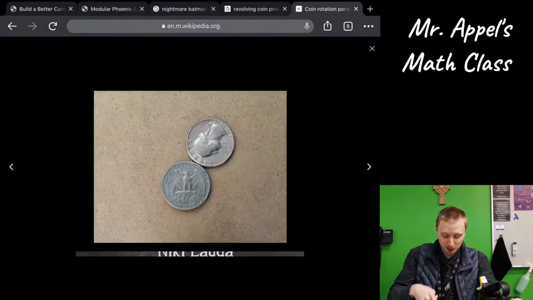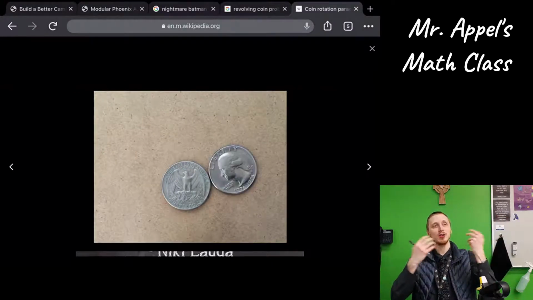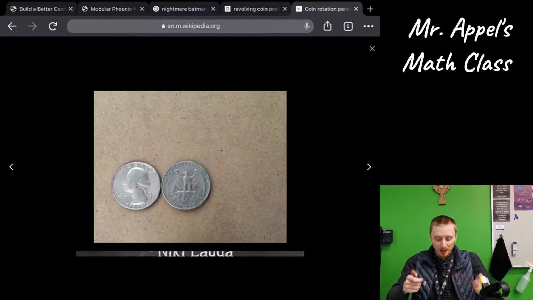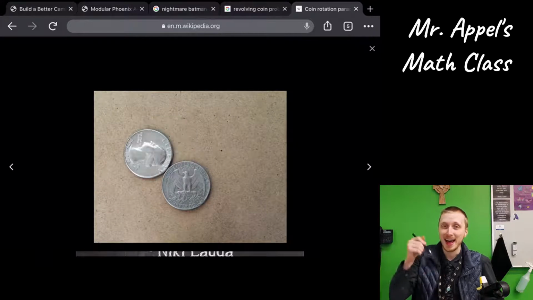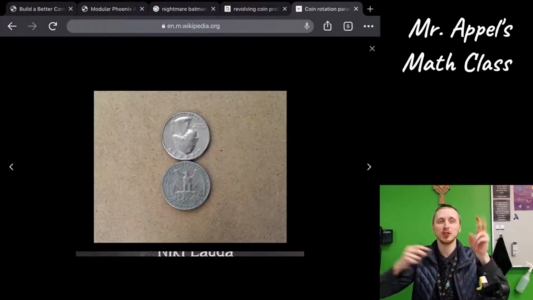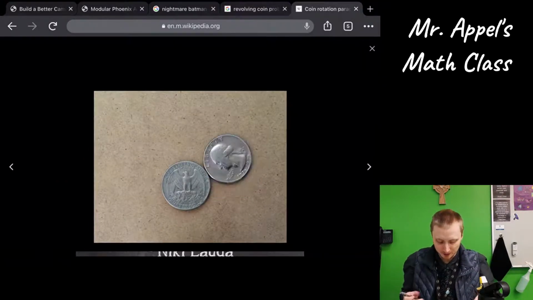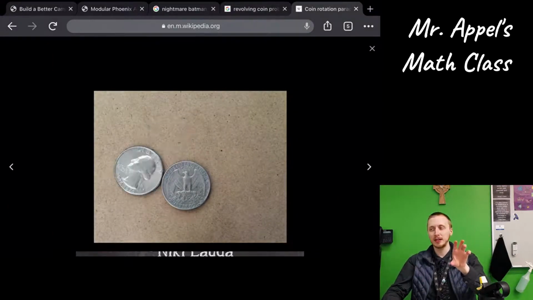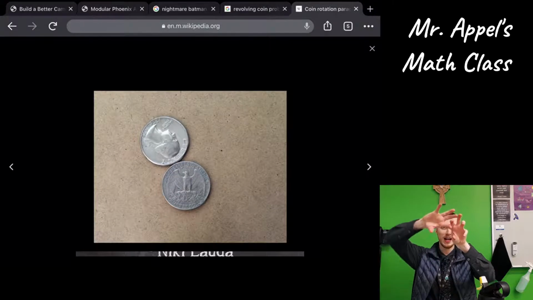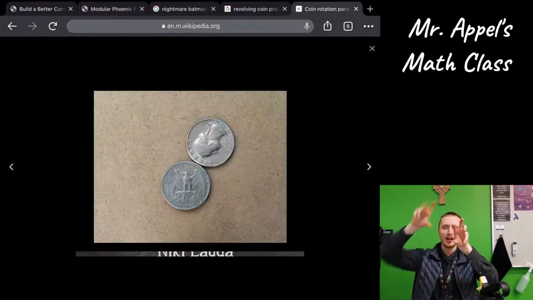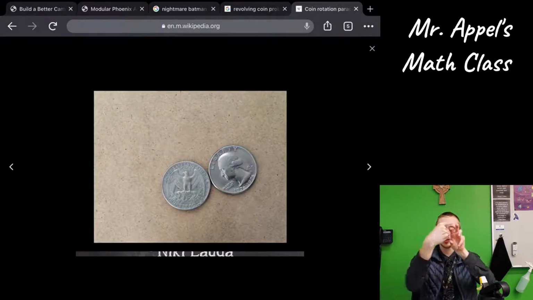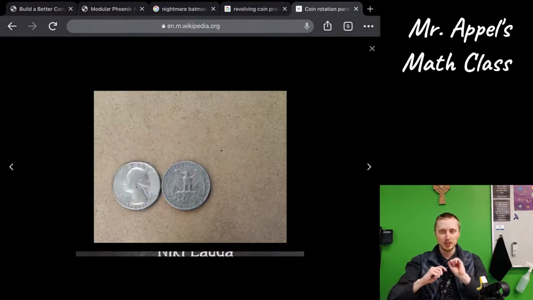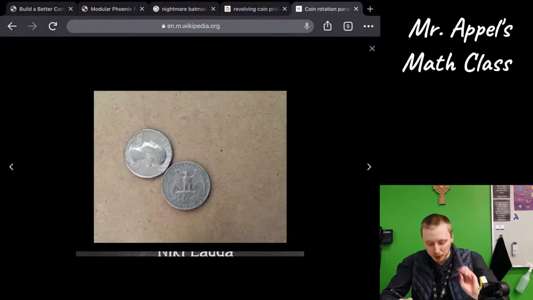So in order for these to stay matched up as if they were gears, the coin that is moving has to move both circles worth, right? Think of it that way. The center one is being lazy and he's not turning. Well, then the one that is turning has to do his own rotation and travel around the circle of the stationary one. So it's doing double duty.